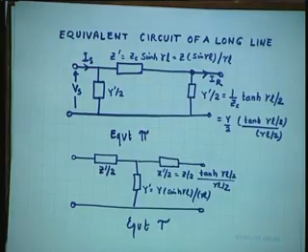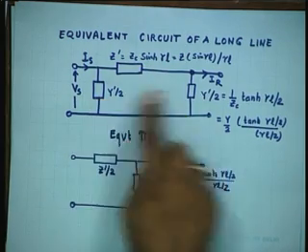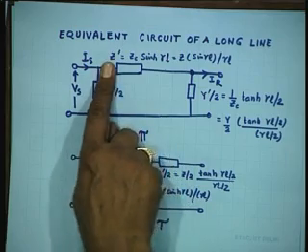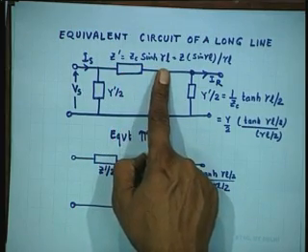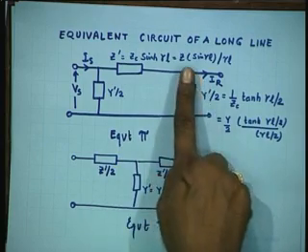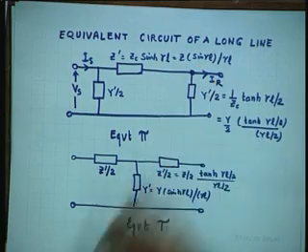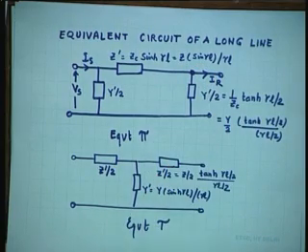I just give the final answer for the equivalent pi as well as the equivalent T. Here the series branch is no longer Z and Y by 2, but Z', which is equal to Zc sinh(γL), or Z sinh(γL) upon γL, both are the same.